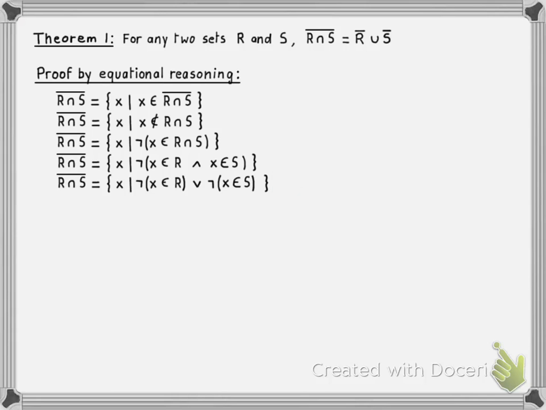It's one of De Morgan's laws for logic. And what you should realize here is we're already trying to prove one of De Morgan's identities, but that's not the same one. Here we're talking about De Morgan's identity in set theory. Here we're using one of De Morgan's laws in logic.